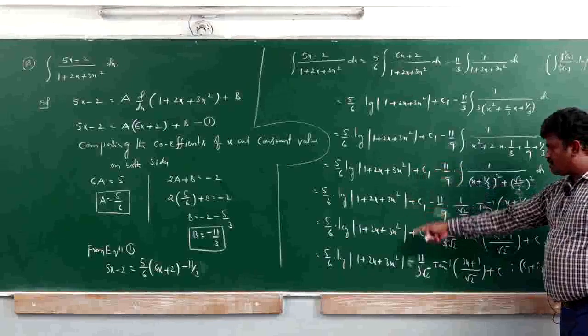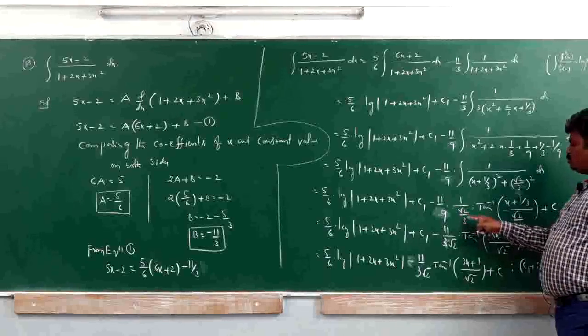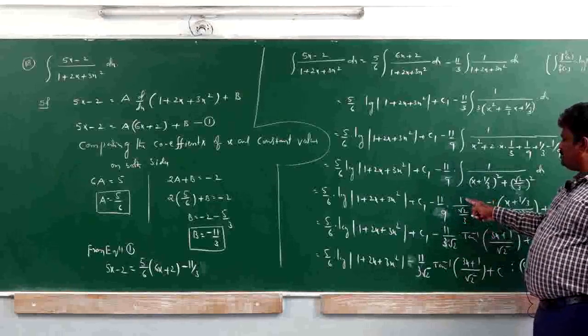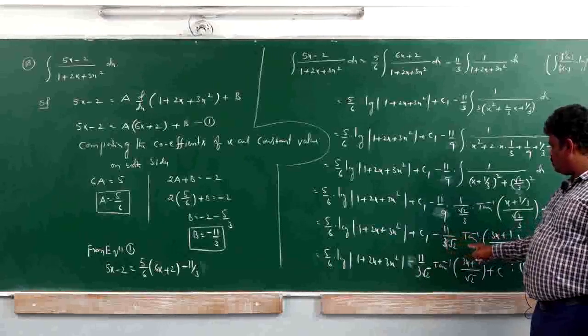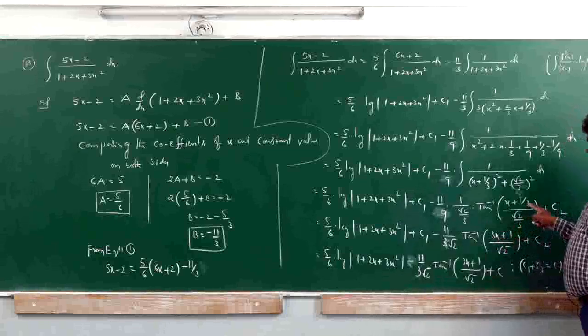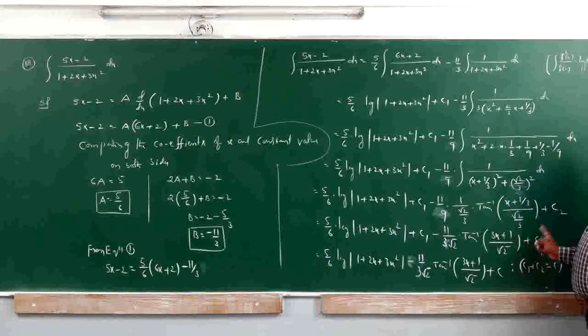Now 11 by 9 into 1 by root 2 by 3. Taking the reciprocal, the 3s cancel, giving 11 by 3 root 2 tan inverse of 3x plus 1 by root 2, plus C2.